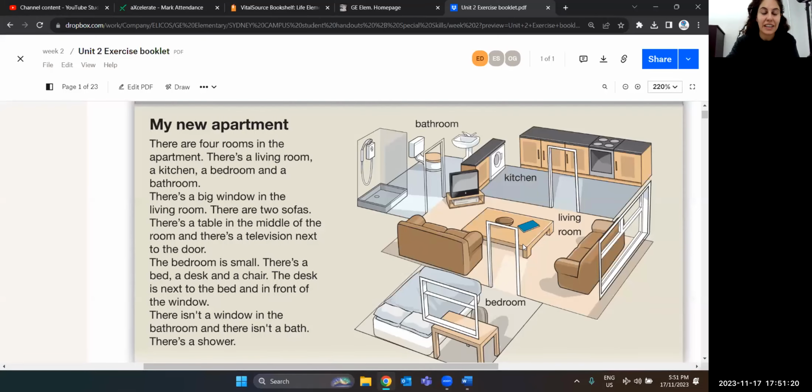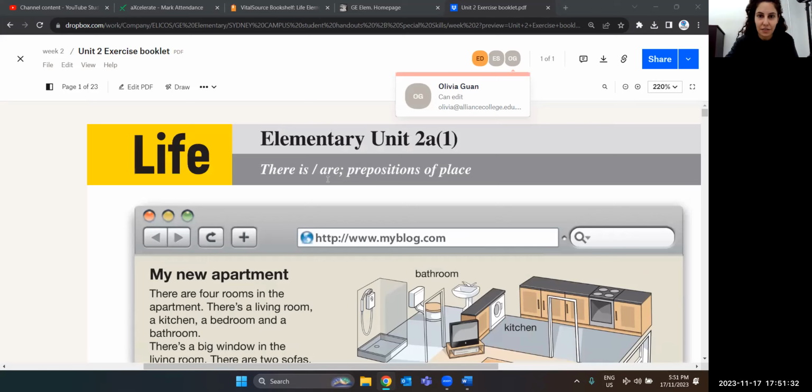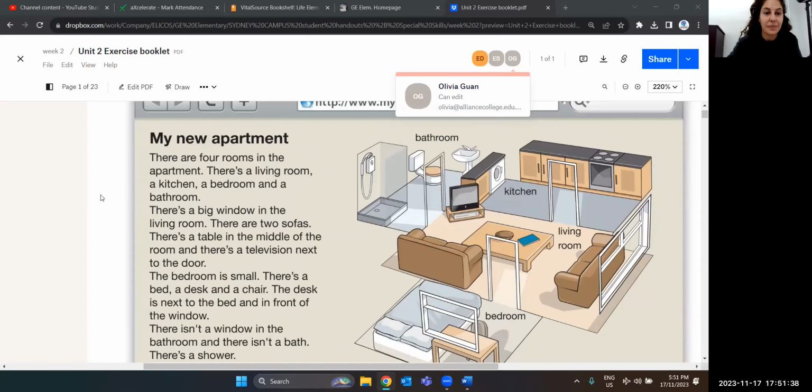Okay, so now we're looking at the extra materials. My new apartment. So let's read it. Oh, is that the wrong page? 2A? Yeah. Extra materials. My new apartment. Okay.